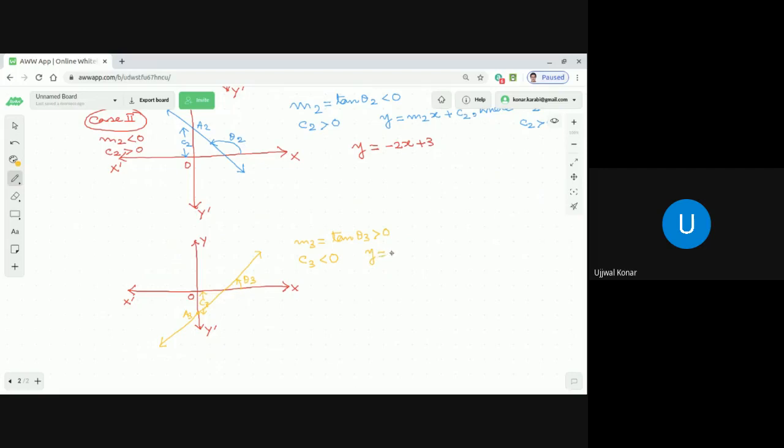So what is the equation here, dear students? The equation is y is equal to m3x plus c3, where m3 is greater than 0 and c3 is less than 0. So this is what is called case 3.